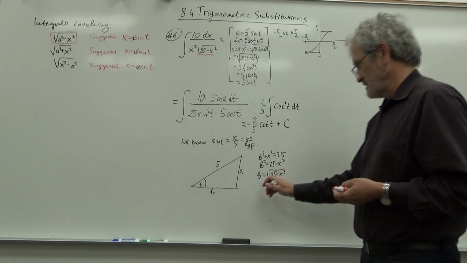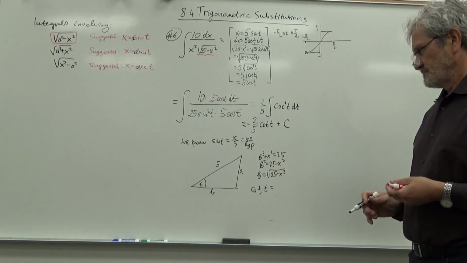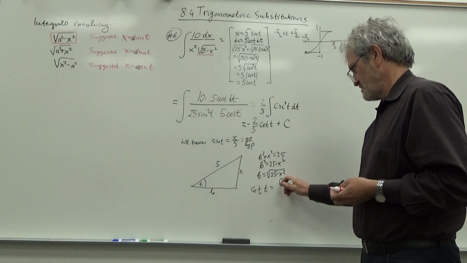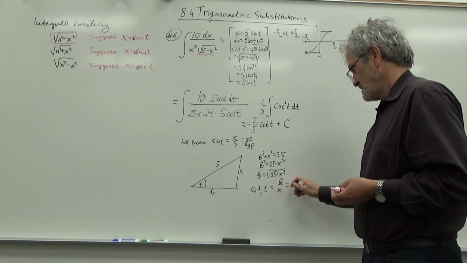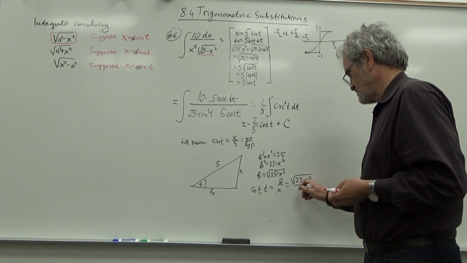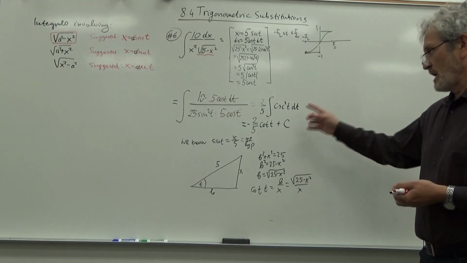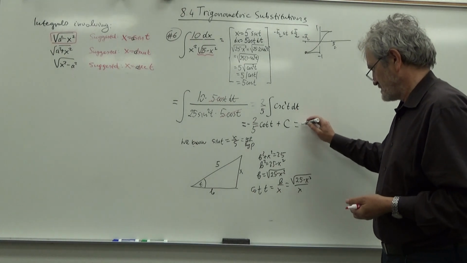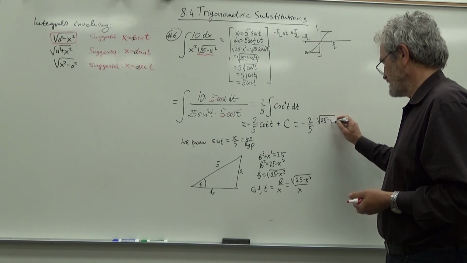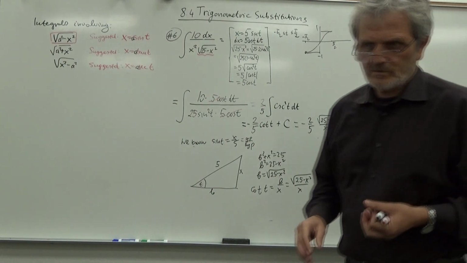Now I can calculate how much is cotangent of t. That would be adjacent, which is b over x, and that would be the square root of 25 minus x squared over x. And I replace that, and I'm done. Minus 2/5 square root of 25 minus x squared over x plus C.